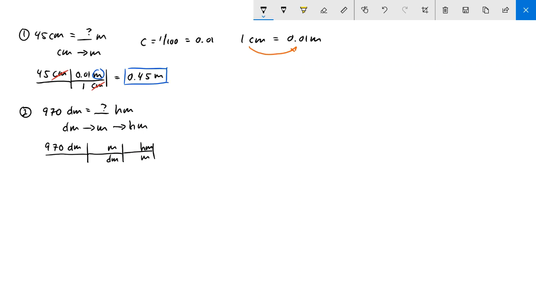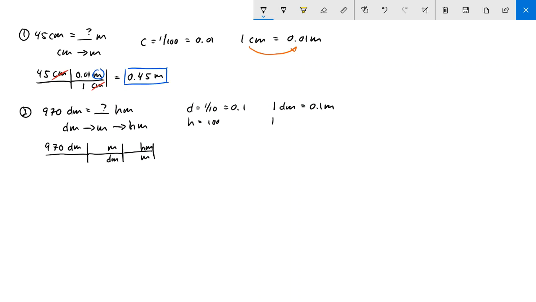So we need to figure out what these mean. So deci, which is little d, is the same as 1/10 or 0.1. So if I have 1 decimeter, that's the same as 0.1 of a meter. If I do the same thing for hecto, well, hecto just means 100.